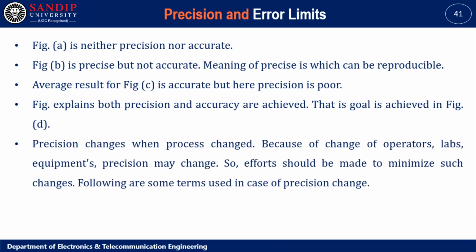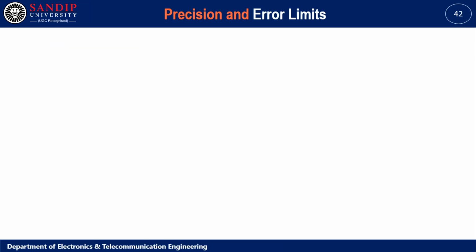Precision changes when the process changes. Because of changes in operators, labs, and equipment, precision may change. So effort should be made to minimize such changes. Following are some terms used in the case of precision change.